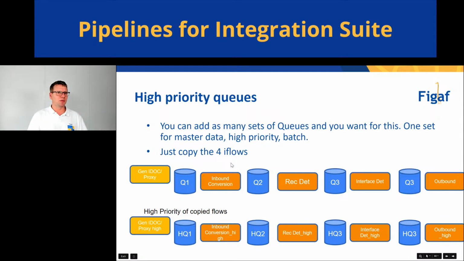So one of the cool things about this is that in a PI world, it was difficult getting new queues. In here, you just create a new copy of all of these iFlows, configure them with a new queue, put in a new queue name for all of these, just add a HR or a master data, whatever you want, and then you have a full flow of all of these scenarios where it is using master data or whatever is relevant.